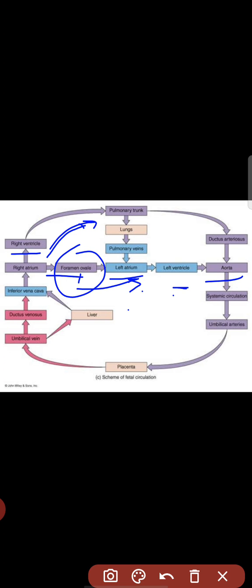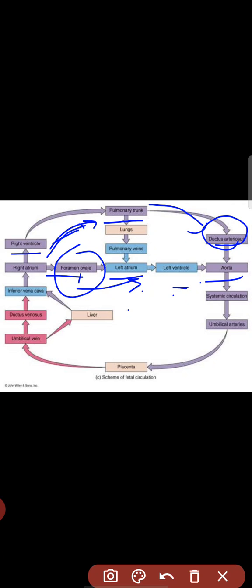In the other circuit, right ventricle blood goes into the pulmonary trunk, and from there into the lungs and pulmonary vein, but some of the blood goes by another structure called the ductus arteriosus, which drains the blood from the pulmonary trunk to the aorta.